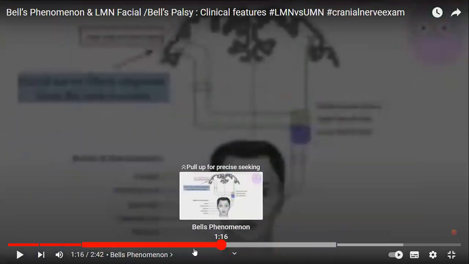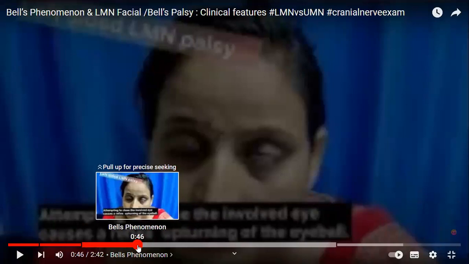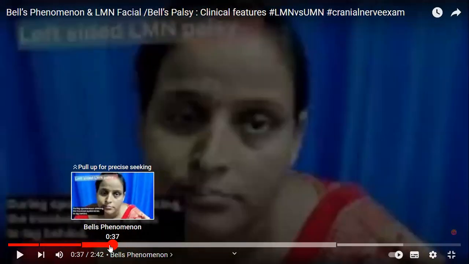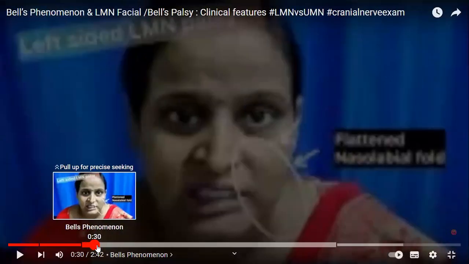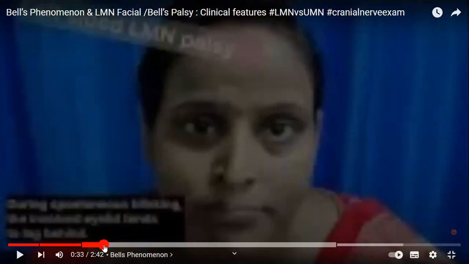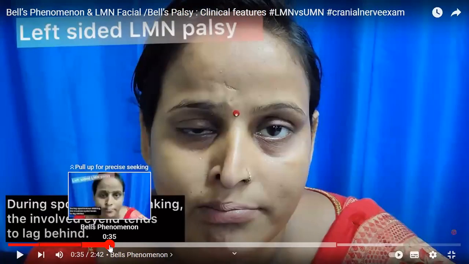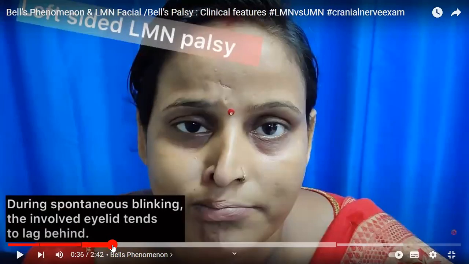Now I am asking her to read a bedside object for me, anything on the wall, and asking her what that is. Okay, now I am doing the H test to see any nystagmus or any squint.